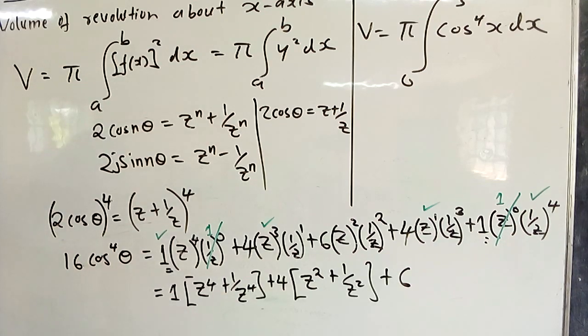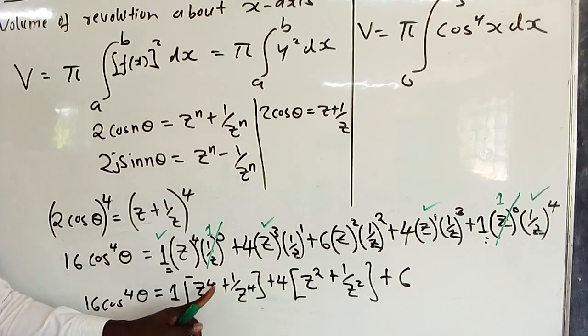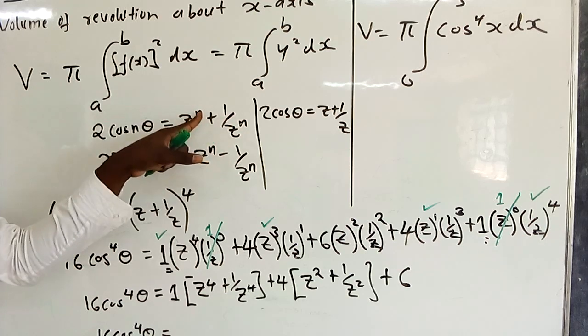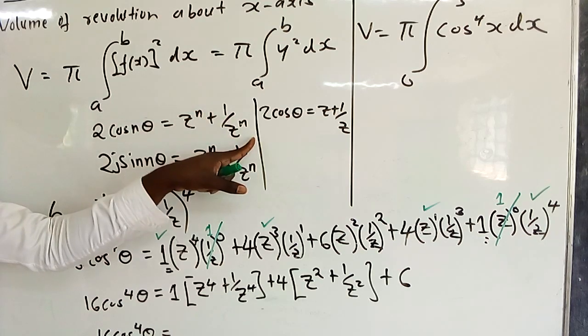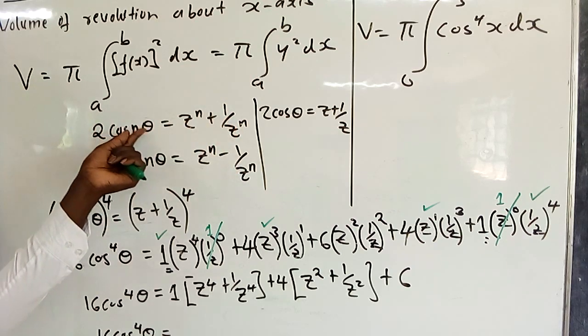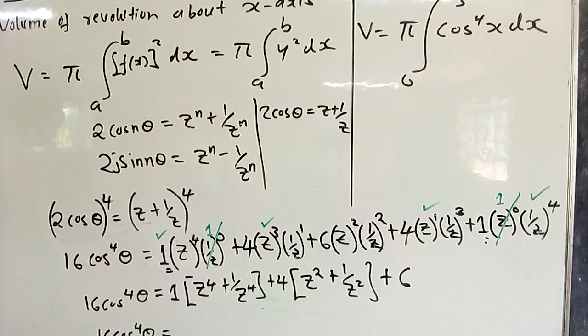You substitute, isn't it? Remember this side we have 16 cos raised to power 4 theta. Look here. Z raised to power n plus 1 over Z raised to power n, you go here. When n is 4, where there is n you put 4, isn't it? So Z raised to power 4 plus 1 over Z raised to power 4 is the same as 2 cos 4 theta. Are you seeing that?